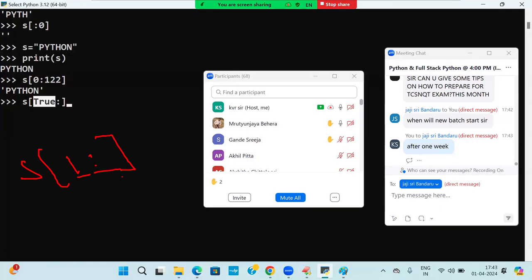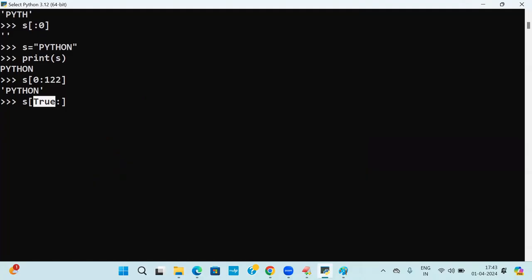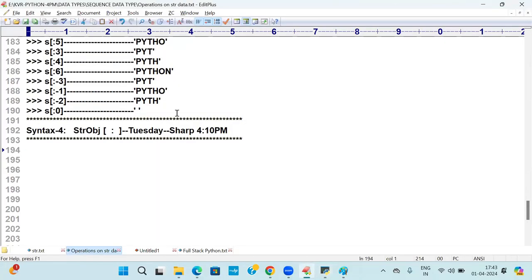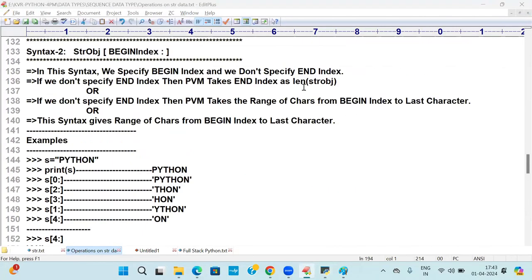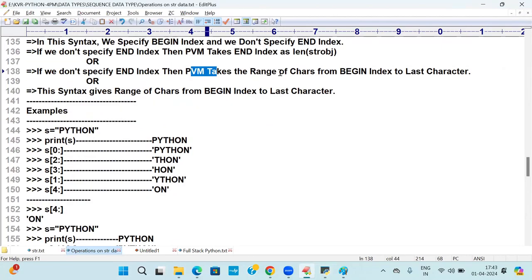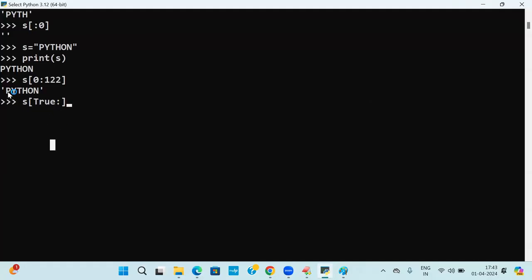If I don't specify the end index, how can we take infinity, my dear student? I already said in the concept window: if we don't specify the end index, PVM takes the range of characters from the begin index to the last character. So it is taking from 1 to last. What is the 1 now? Y. Y to last is called ython. Understood? Okay, got it. Thank you, sir.